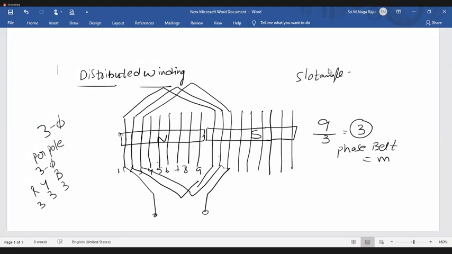Now tell me, what is the formula for slot angle? Okay, I will tell.